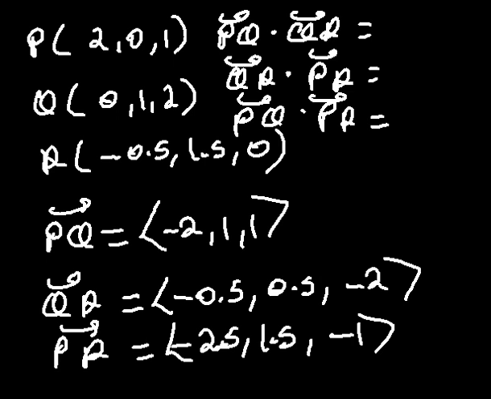But let me proceed with this one for you. In the vector PQ dot vector QR, we have -2 times -0.5, and that is +1. Then we have 1 times 0.5, that is plus 0.5.